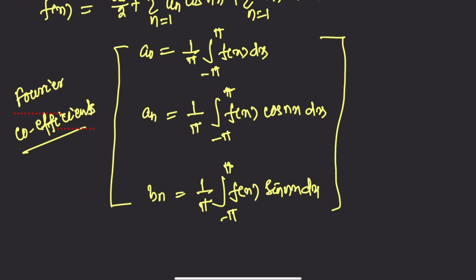These are Euler's formulas for Fourier coefficients. So now let's evaluate these Euler's formulas.